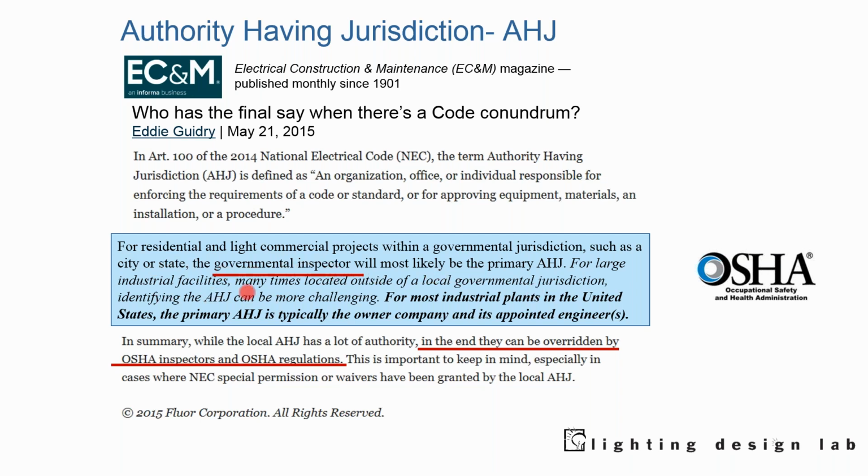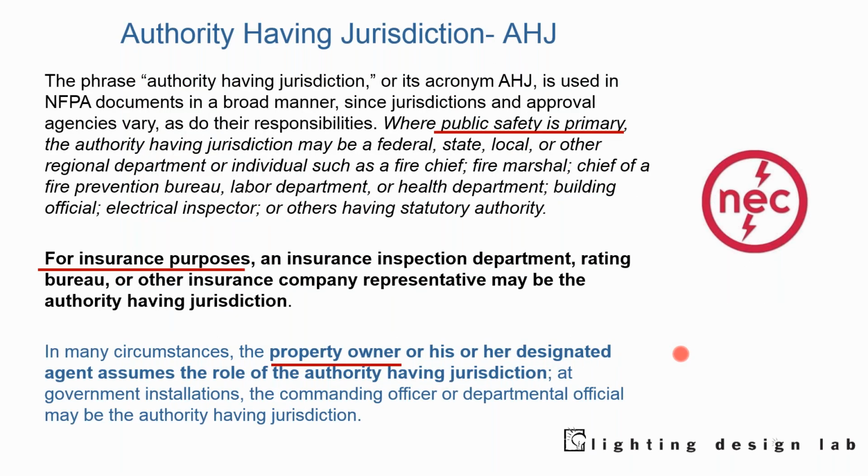But large industrial facilities are often outside of the jurisdiction, perhaps in unincorporated areas. There, the authority could be the owner and his appointed engineers. That said, the Occupational Safety and Health Administration, OSHA, can override all of that, and that needs to be kept in mind.